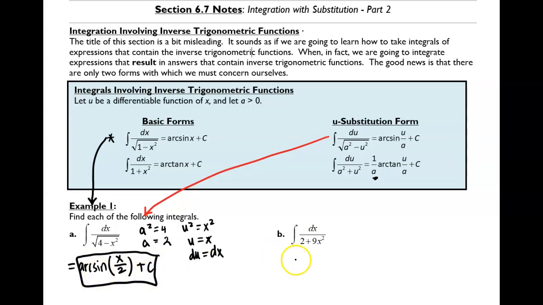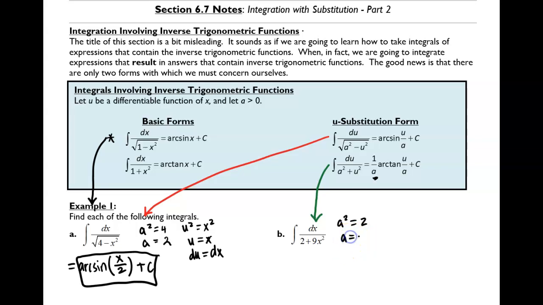Sometimes you're going to have something a little bit more complicated. So like in part B, it's the integral of dx over 2 plus 9x squared. I recognize that that is the format of the arctan form. And so we're just going to identify our a and our u like we did before. So our a squared is 2.